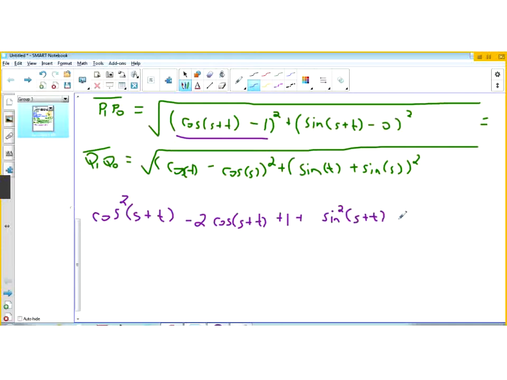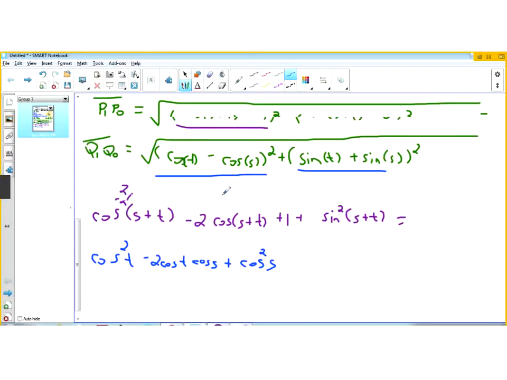That equals, on the right-hand side, where I square these two terms, the cosine squared of t minus 2 times the cosine of t cosine of s plus the cosine squared of s.